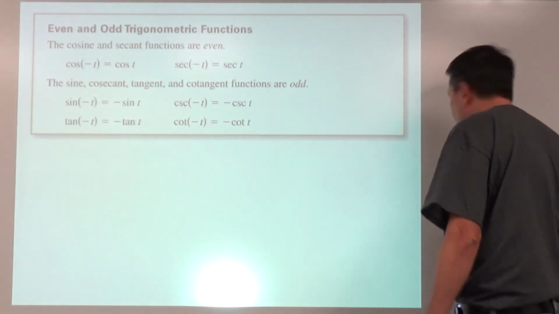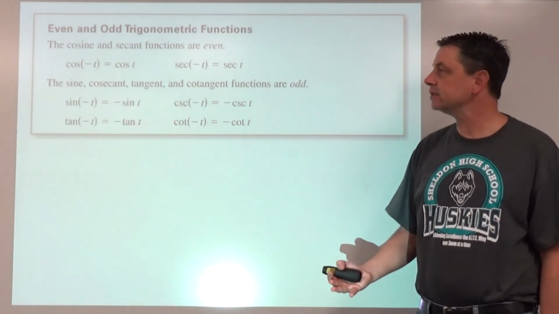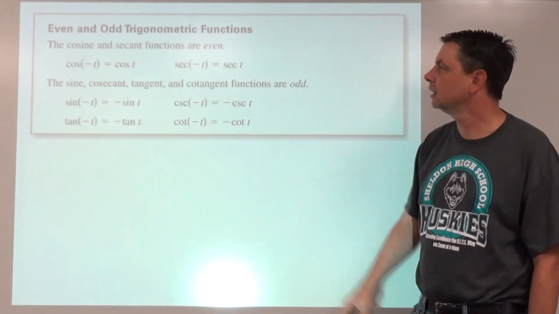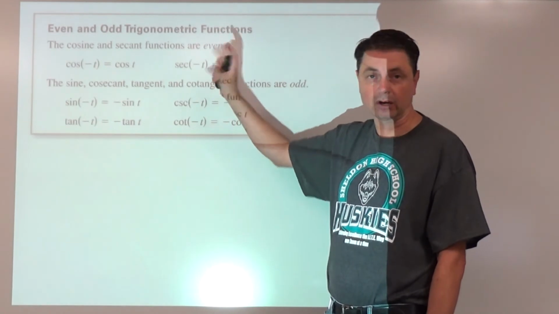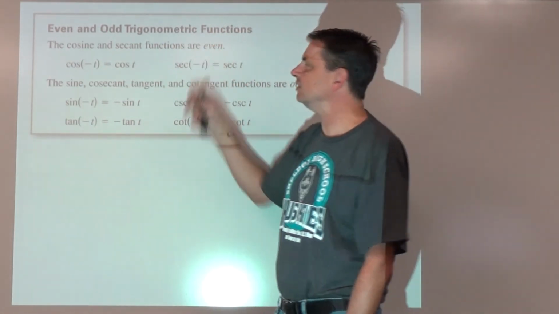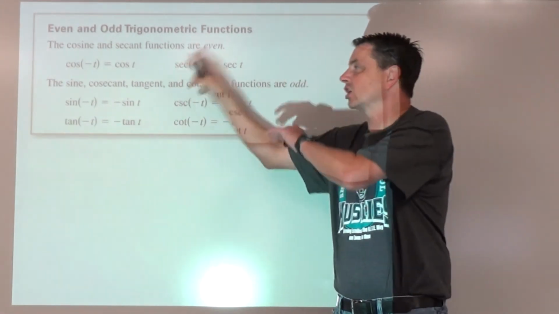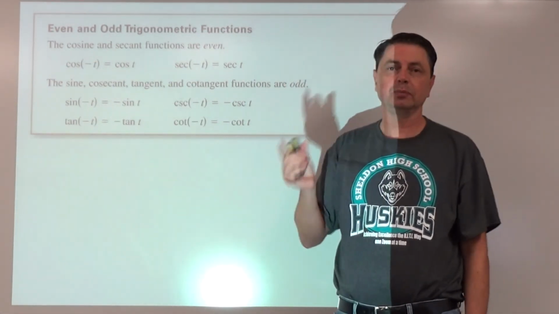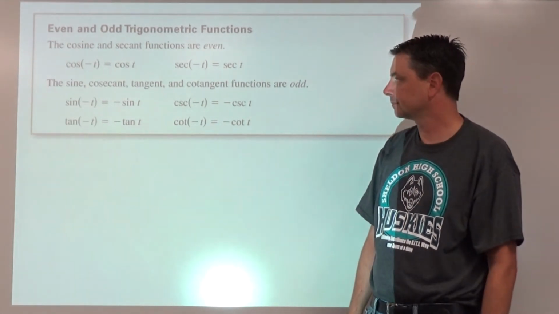Back in chapter 1, we discussed even and odd functions in terms of trigonometric functions. Cosine and secant, as they are related, they are reciprocals, are both even functions. If we thought back to symmetry, once we get to graphing these, we can illustrate that then, but the graphs would be reflections of each other in the y-axis.